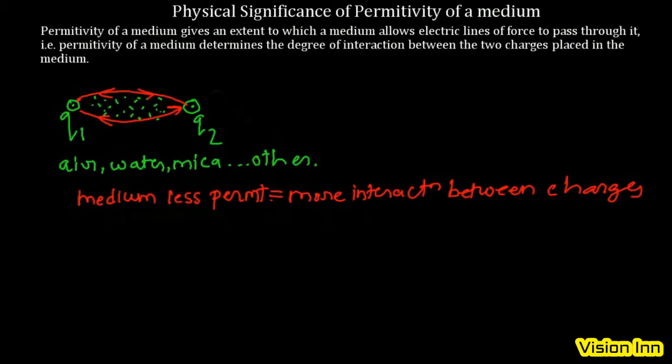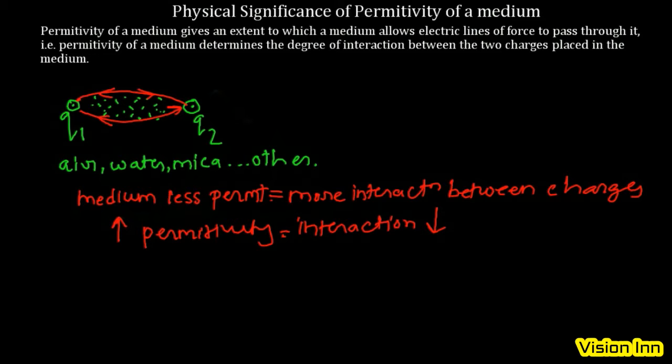And as there is an increase in permittivity, the interaction between charges decreases. Greater the permittivity, lesser the interaction between the charges.